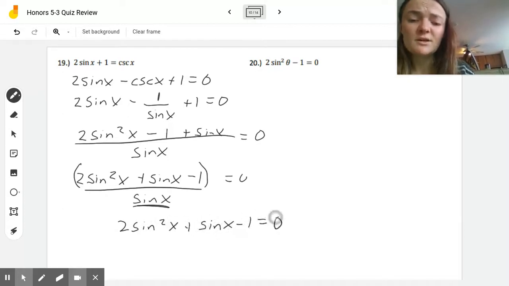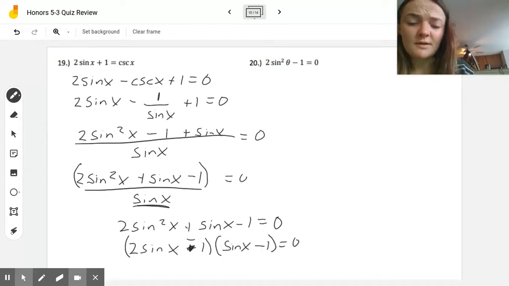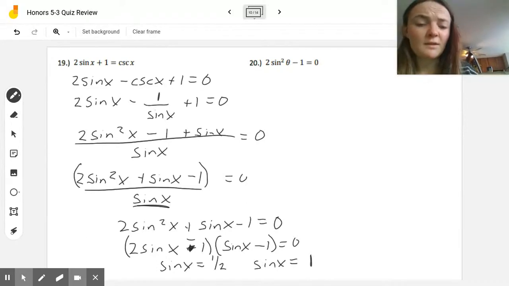So I'm going to go ahead and factor this. We've already actually factored this earlier. So we're going to say 2 sine x minus 1 times sine x plus 1 is equal to 0. So I want to know basically when does sine x equal a half and when does sine x equal negative 1. Okay, well, sine x is equal to negative 1 at 3 pi over 2.